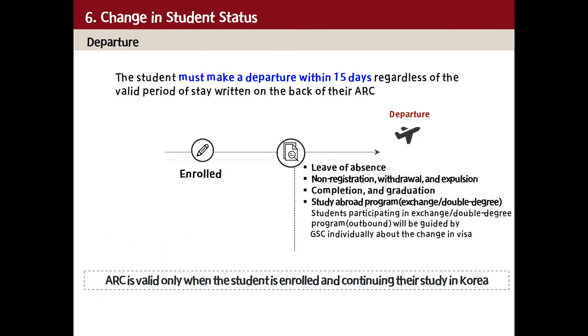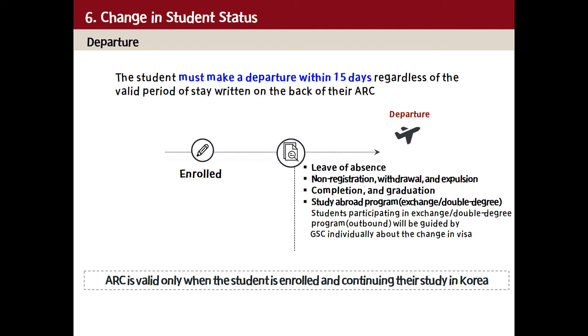This is an important notice regarding your D2 visa and related to changes in your student status. If your student status changes at Korea University, the student must depart out of Korea within 15 days after the change occurs, regardless of the expiry date written on the back of the student's ARC.